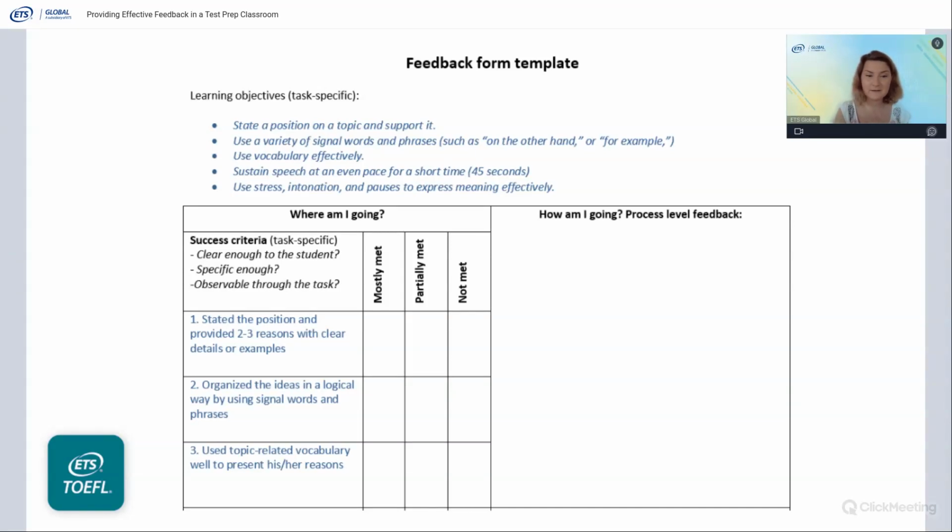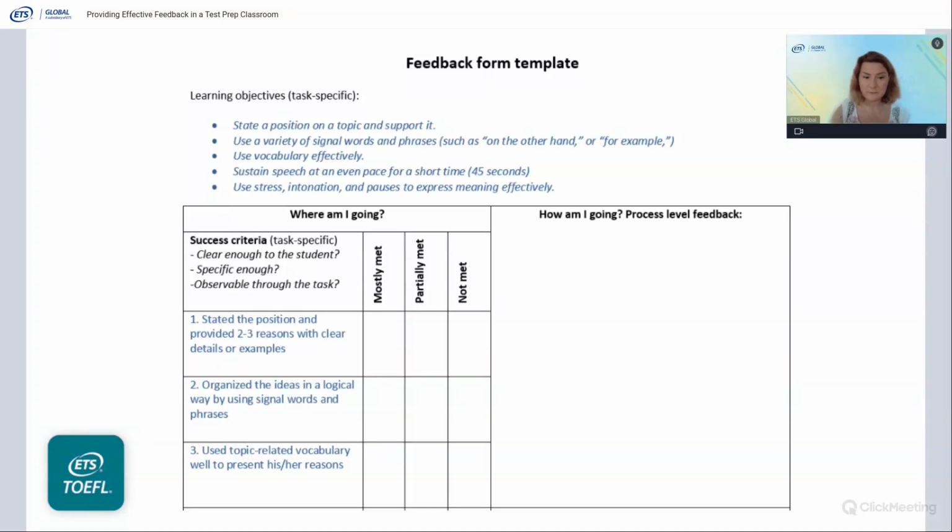There is a little bit of guidance here on how to set success criteria. First of all, they have to be task specific. And it's always good to ask yourself, are they clear enough to the student? Are they specific enough? And are they observable through the task? So can we really measure with this particular task whether a student is able to meet those criteria?